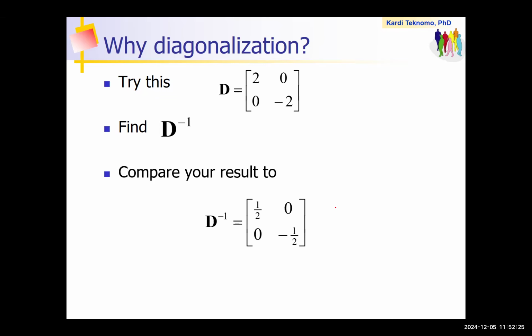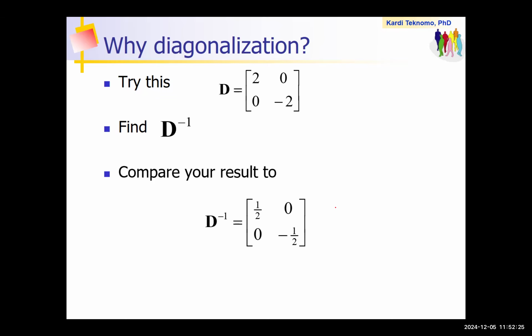So a diagonal matrix will behave like a scalar. That's why if you can form a diagonal matrix, then everything becomes simple. It's no longer a matrix, it's just a scalar. Is this clear or not?